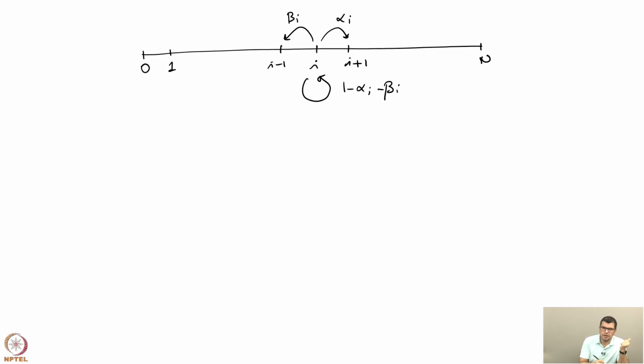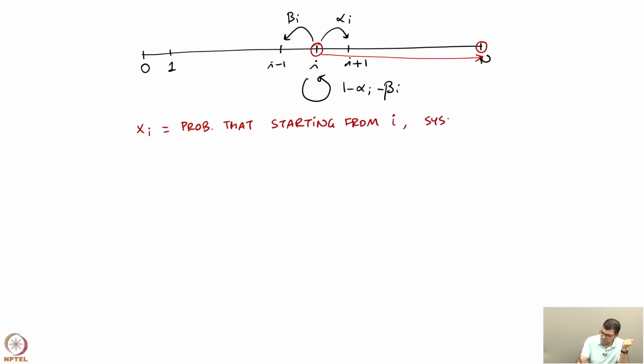Now, like last time, we define a variable called xi, which is the probability that starting from I, the system reaches n.